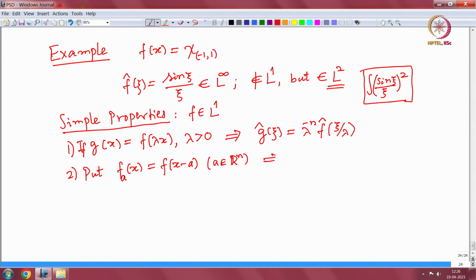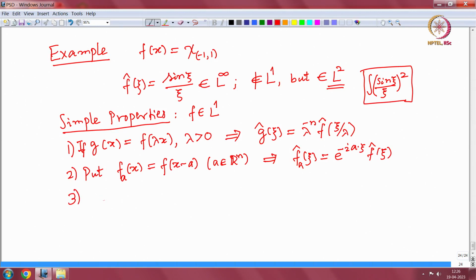Then f a cap is the integral of e to the minus i x dot j, with x minus a; when you change the variables, you get e to the minus i a dot j f cap j. An exponential factor appears. Again, very simple properties.